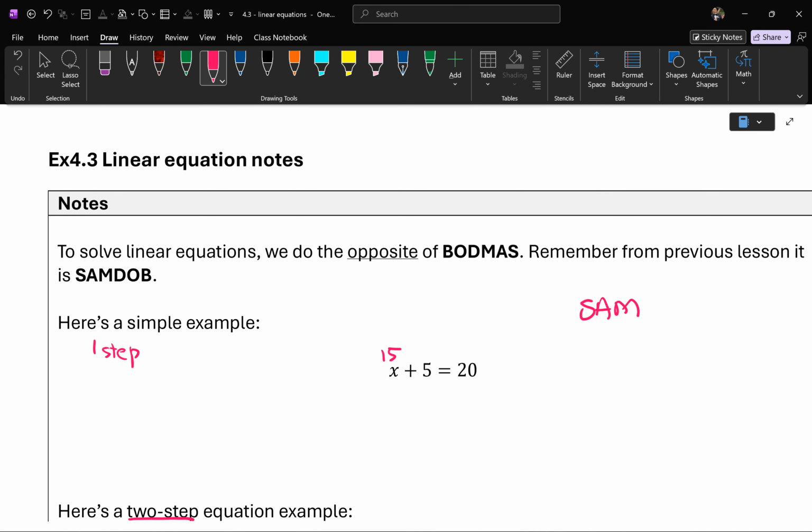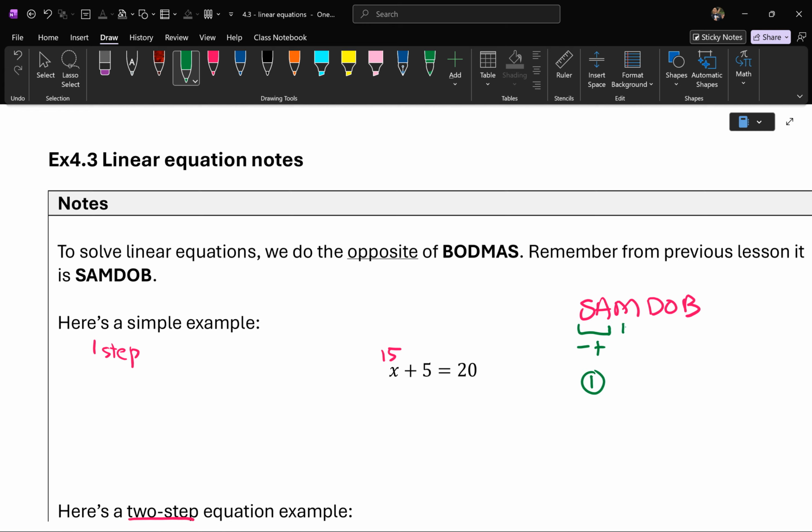SAMDOB is meant to give you a direction of what you should remove first. Okay, so this is only for solving, meaning you're going to do the inverse operations of the things you see. So here, instead of BODMAS, where you look for brackets first, and then powers, division, multiplication, addition, subtraction, you're now going to look for subtraction or addition first to get rid of.